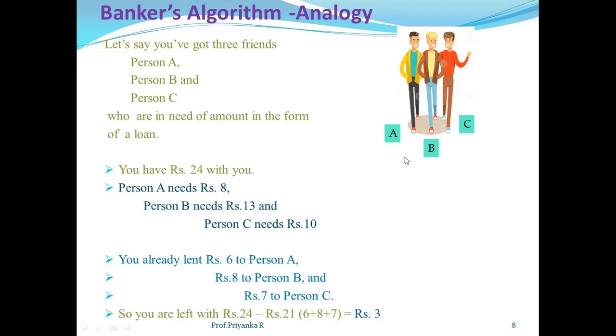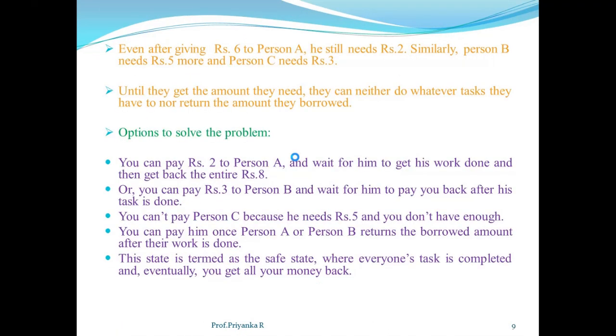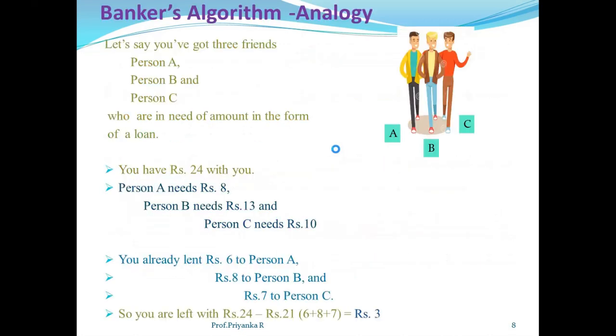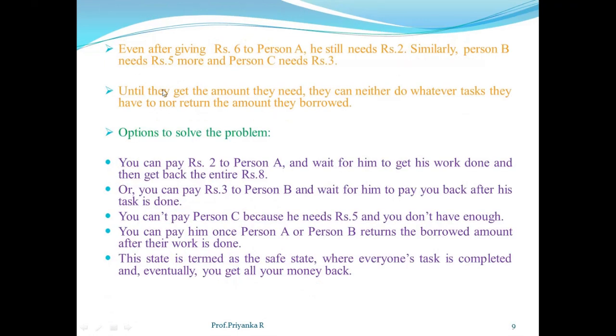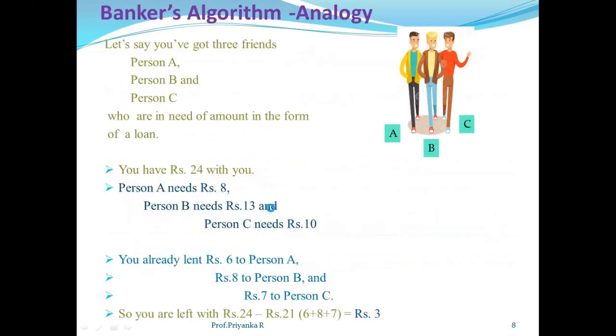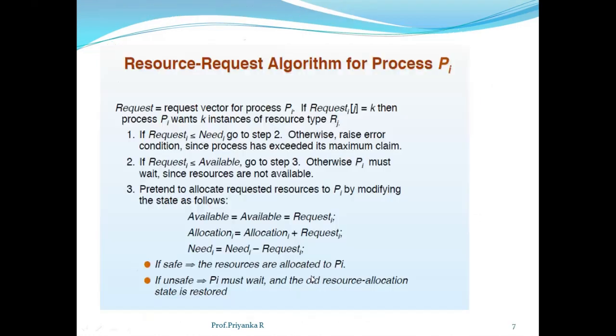So this particular scenario gives us an analogy for understanding the different data structures in the Banker's algorithm. Even after giving 6 to person A, he still needs 2, because the maximum need of person A is 8 and you have given only 6 rupees at time T naught. Even though you have lent 8 rupees to person B, he needs 5 more. And person C needs 3 more because you have lent only rupees 7.